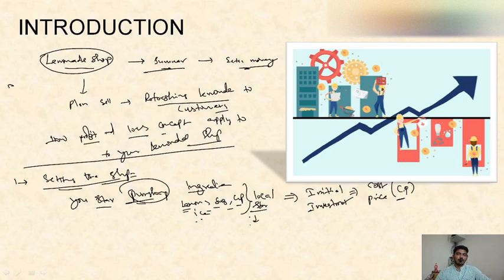Here you spend some money, and that money we call the initial investment. Precisely speaking, in terms of profit and loss, the amount we spend on purchasing ingredients we call the cost price of an item.